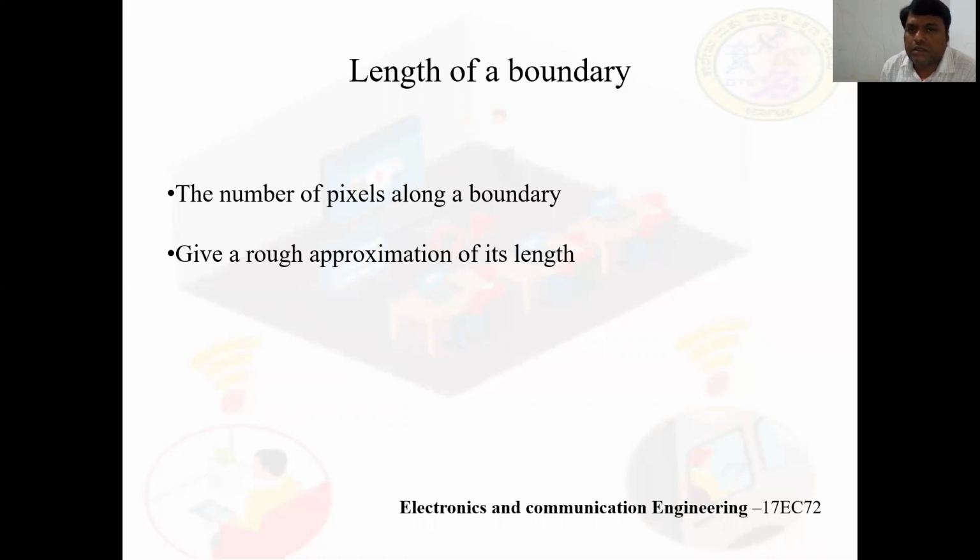For a chain coded curve which has unit spacing in both directions, length is equal to the number of horizontal and vertical components plus root 2 times the number of diagonal components.